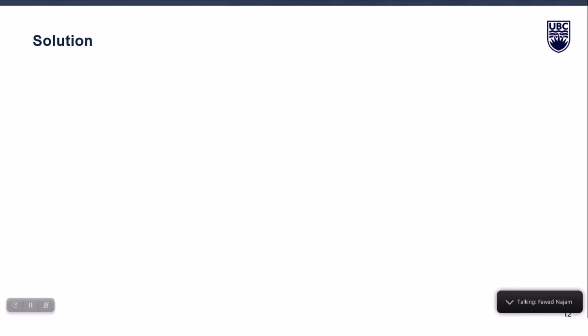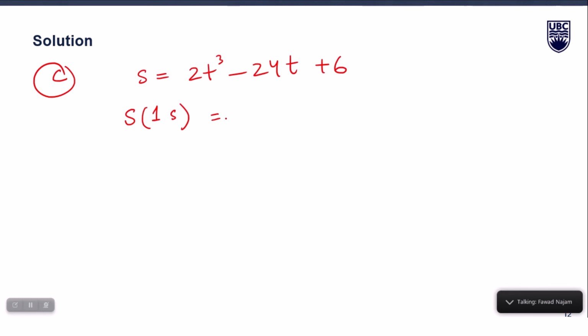So C will be simply S is equal to 2t cube minus 24t plus 6. So let's first calculate S of 1 second. That will be some number. Then you can calculate S at 4 seconds, right?